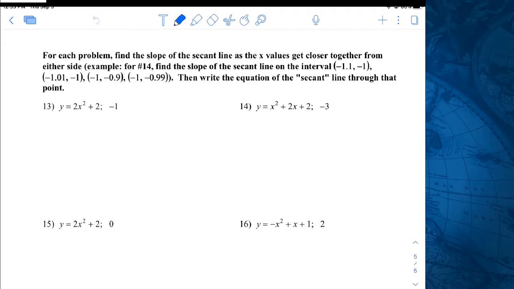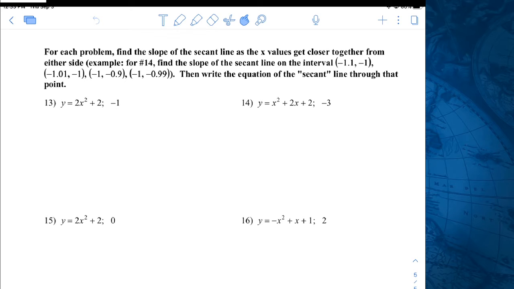I already had a couple of questions about the last problems on the worksheet for pre-calculus, asking about finding the slope of the secant line as the values get closer together from either side. I gave a quick overview of what that process would look like during class.